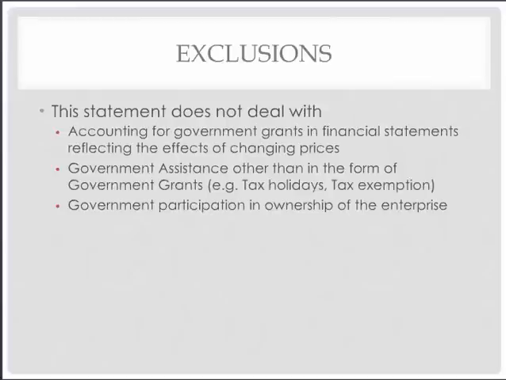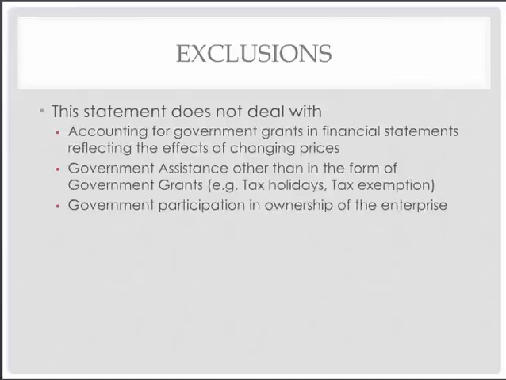In India, we generally follow the historical cost approach. So the financial statements which are prepared on a current cost approach, or which reflect the effects of changing prices, are not governed by Accounting Standard 12 for accounting of government grants.